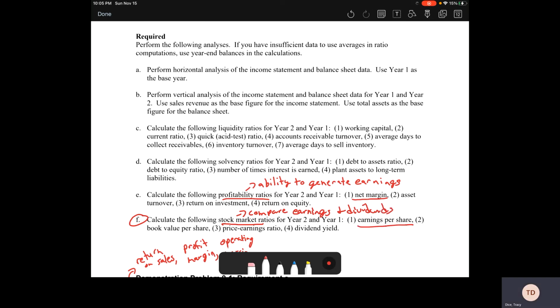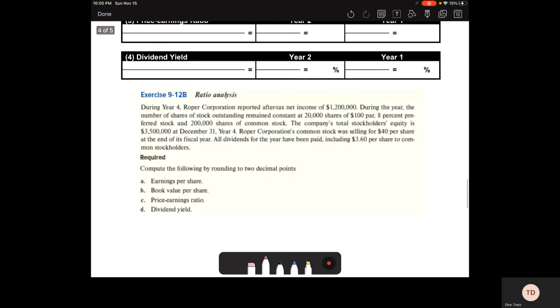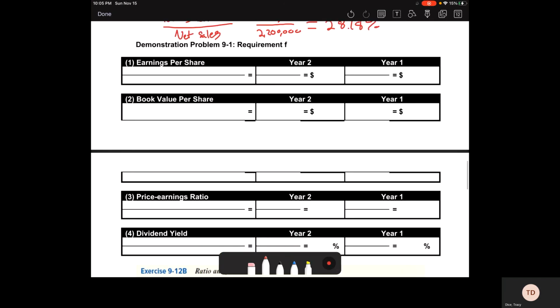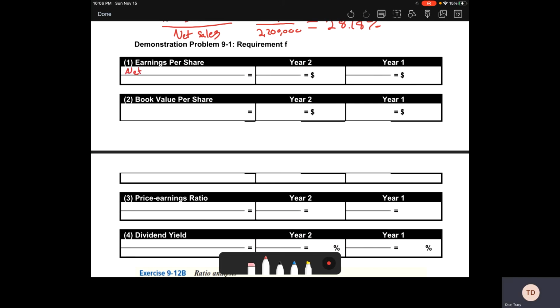So we're going to start with earnings per share. Your earnings per share is looking at your net earnings available for common stock.